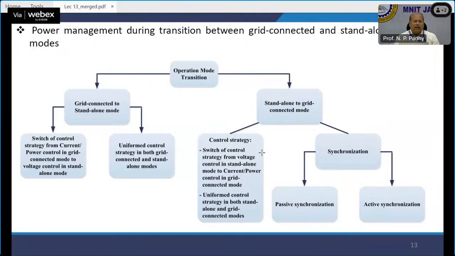But when you move from standalone to grid connected, synchronization plays a very important role. Along with moving from voltage to power control or current control, we also make sure they both are synchronized. Synchronization is of two types that I've already discussed in my video yesterday or the day before yesterday: passive synchronization and active synchronization can be adopted.